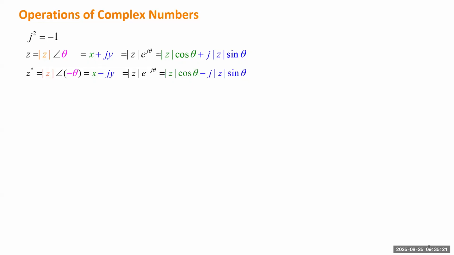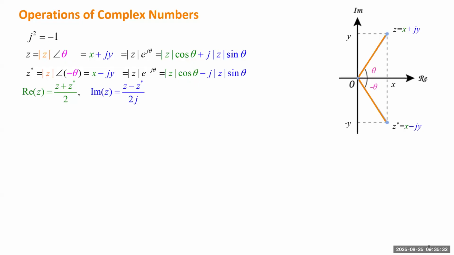And if we keep the same real part but take the opposite imaginary part, we get an image relative to the real axis. That is called the conjugate. So if Z is a complex number, Z star will be the conjugated Z. It's symmetric about the real axis. And if Z has angle theta, Z star will have negative theta.